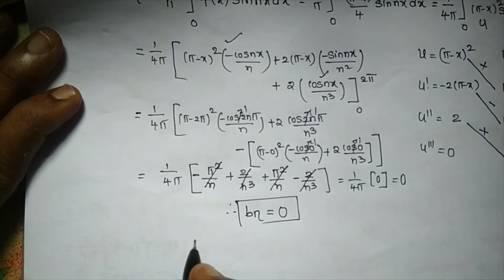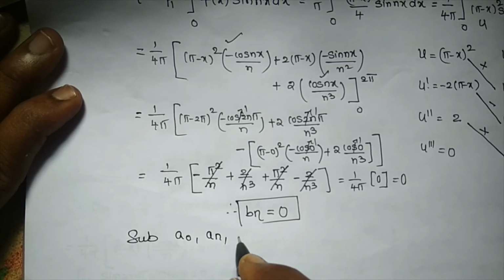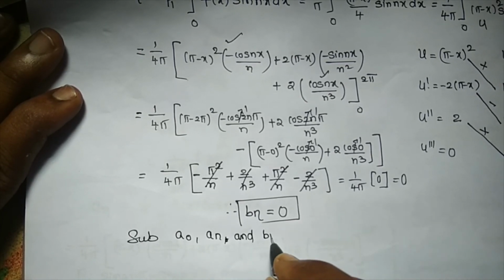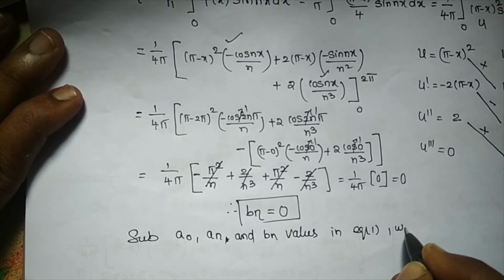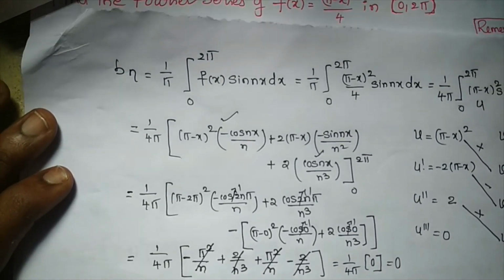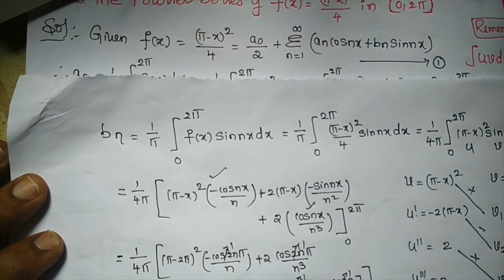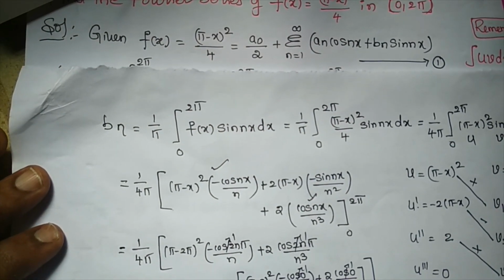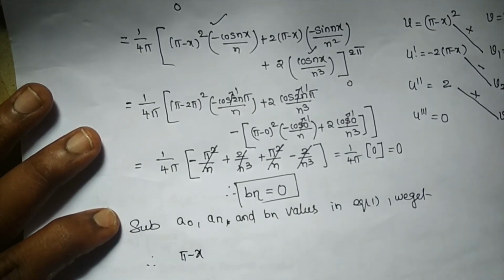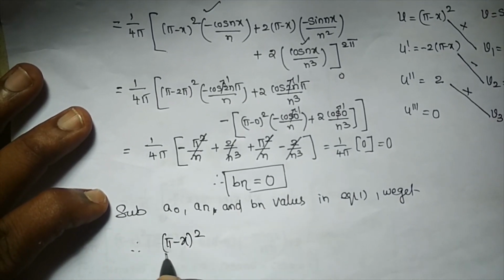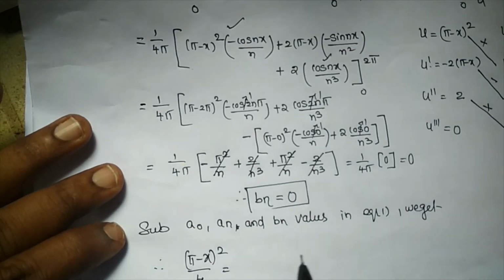Then the conclusion: substituting the a0, an and bn values in equation number 1, we get, what is equation number 1 here? This is equation number 1. Therefore f of x, which is pi minus x whole square by 4, is equal to a0 by 2. What is the a0 value? Pi square by 6.